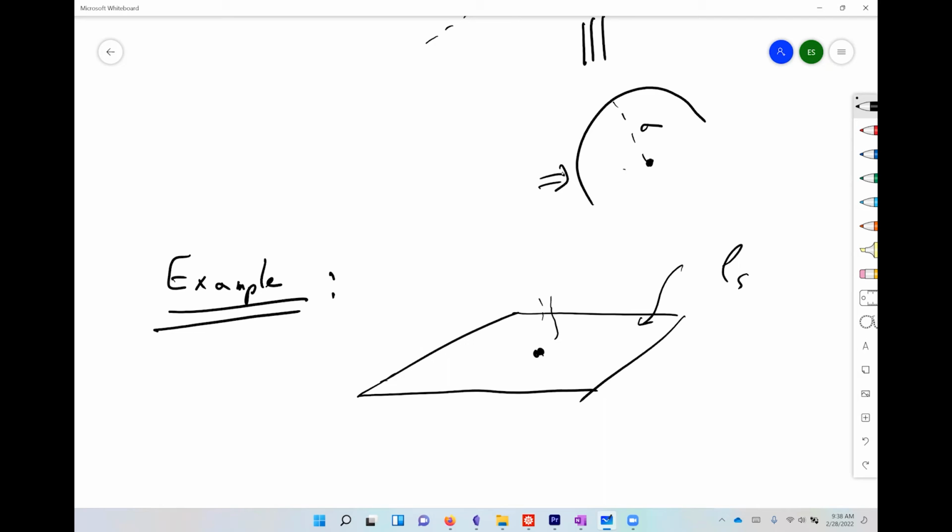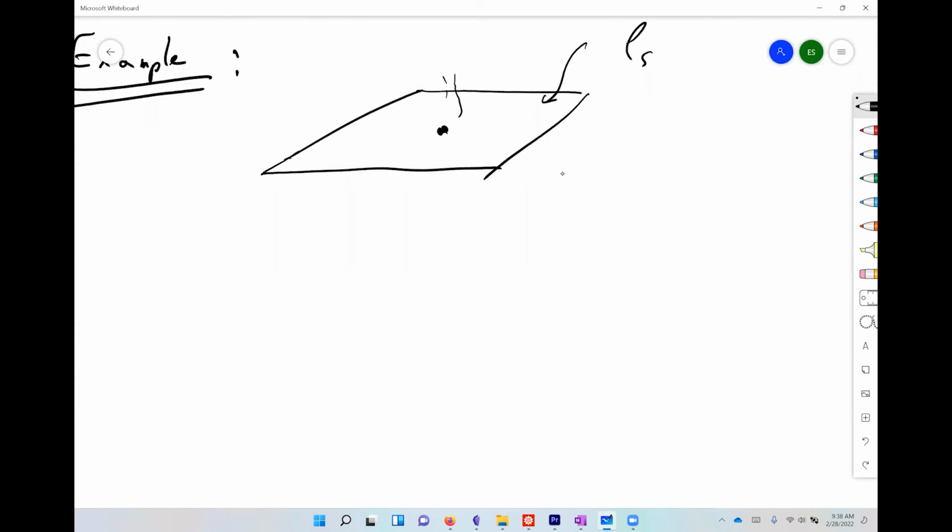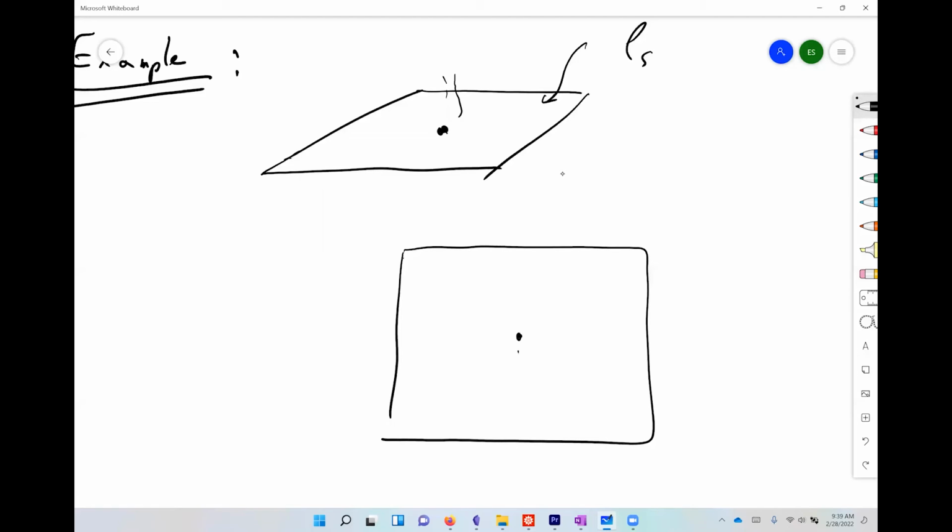Right? Instantly, you should say it's 0, just from symmetry, without doing any calculation. This is point P. I know that I have to integrate over the surface, but for any surface element dS, that's going to give me this field, dE. I'm going to have symmetry of those surface elements.